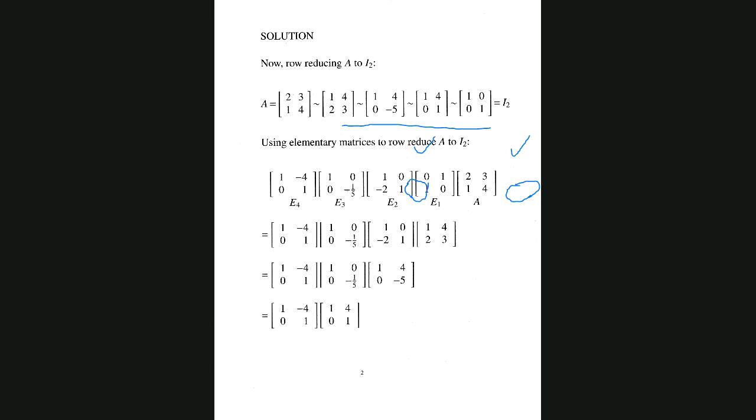And that gets me to the identity matrix. So it took 1, 2, 3, 4 row operations to get this matrix in reduced echelon form. Are there any questions up to here?